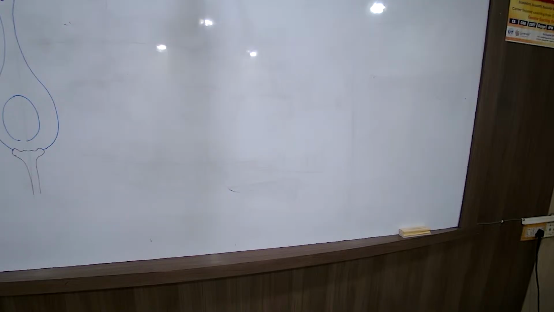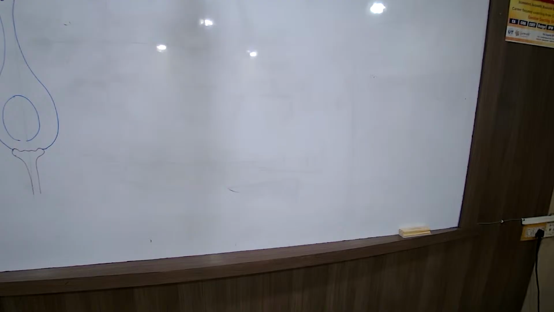Then this pollen grain will divide further. The nucleus will divide further. By the time the pollen tube grows even longer, almost reaching the ovule. What is this tube known as? This is the pollen tube.